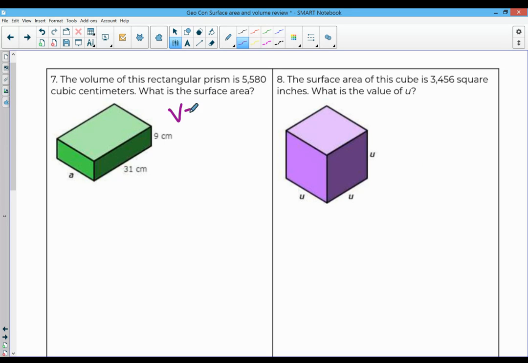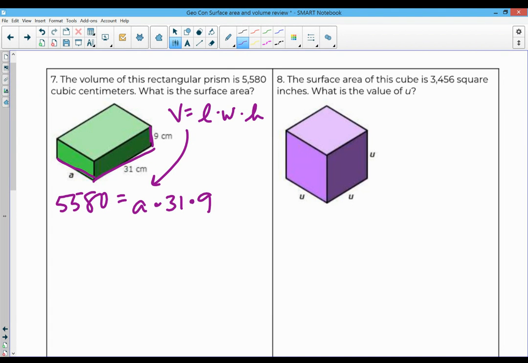So the volume is length times width times height. So I would have to multiply all three of these together. So they already tell us what that value is. So 5,580, use the space down here. 5,580 equals A times 31 times 9.